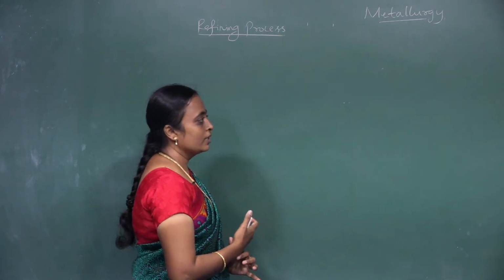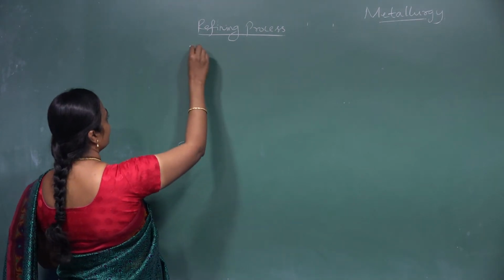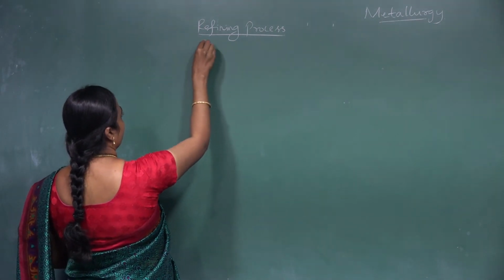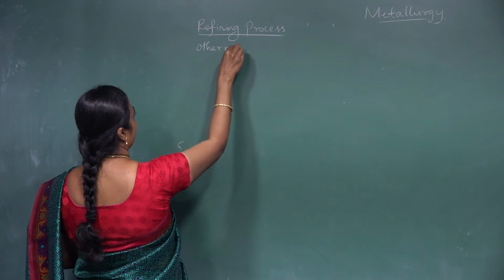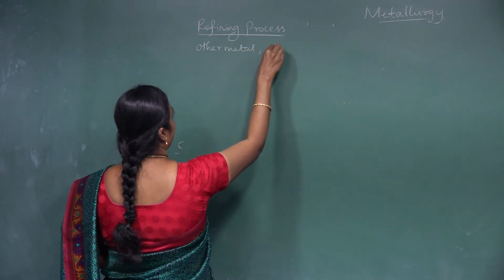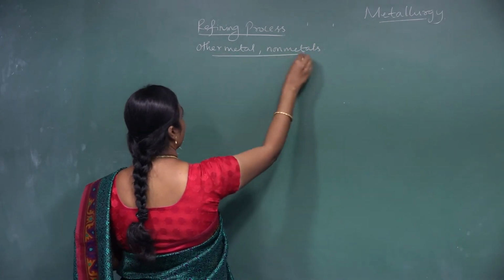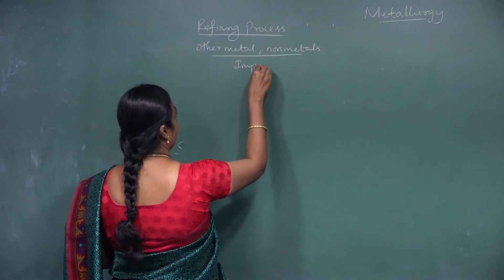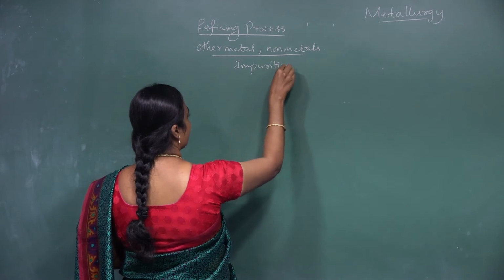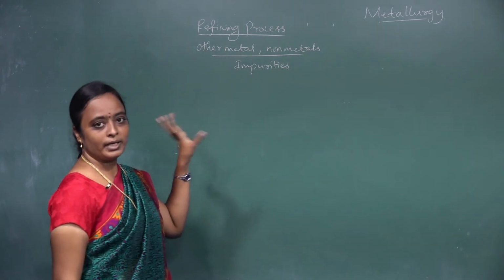We are going to consider some additional impurities like other metals and non-metals. All of this we can consider as impurities, and those impurities have to be removed from the metal.